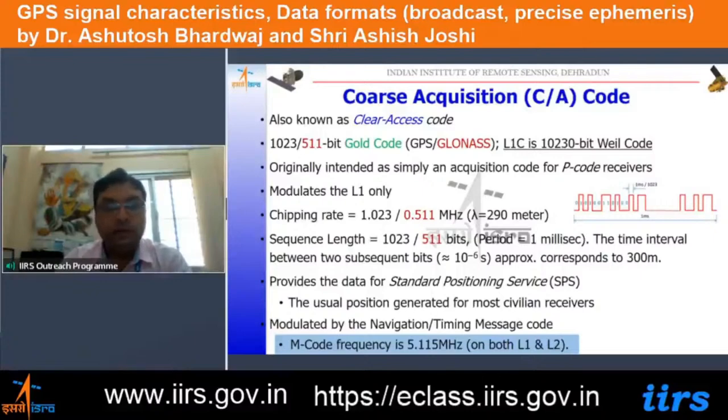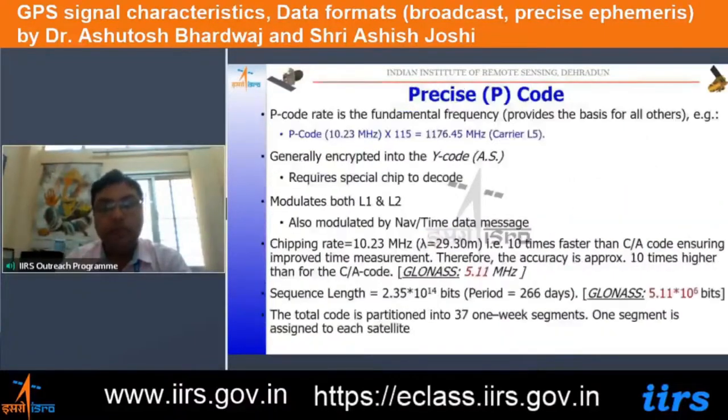As already discussed, it provides the standard positioning service to civilian receivers, whereas it is also used for the purpose of the P code. First the P code receivers, or the authorized receivers, also catch hold of the CA signal, and then they get hold of the P signal. So the CA code is used in both types of receivers.